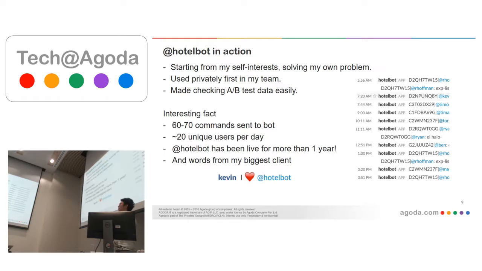So with the bot, it's getting very easy. You just take your phone out, and then you type something like, if you can see on the screen, exp list or exp, something like that, and it will show you the result, like a summary of your experiment. So there are some interesting things about the bot.